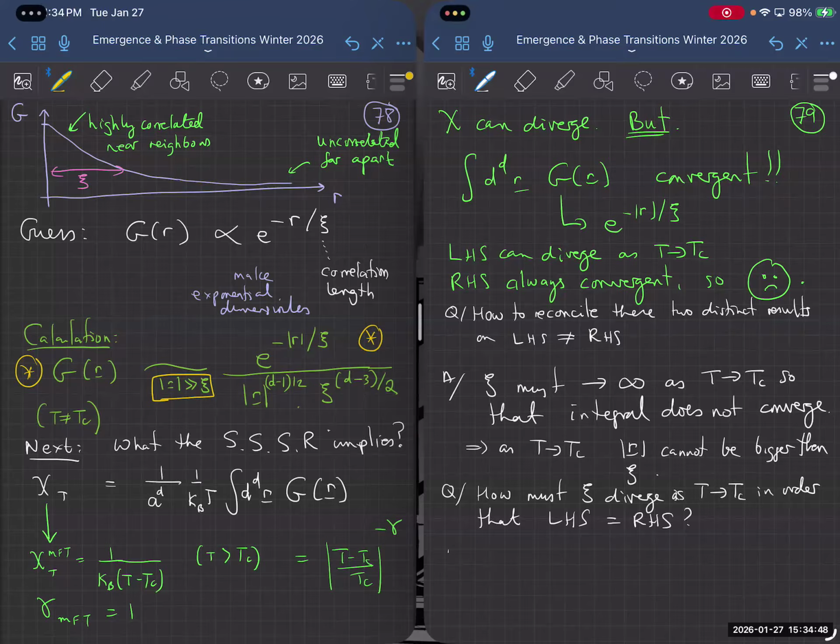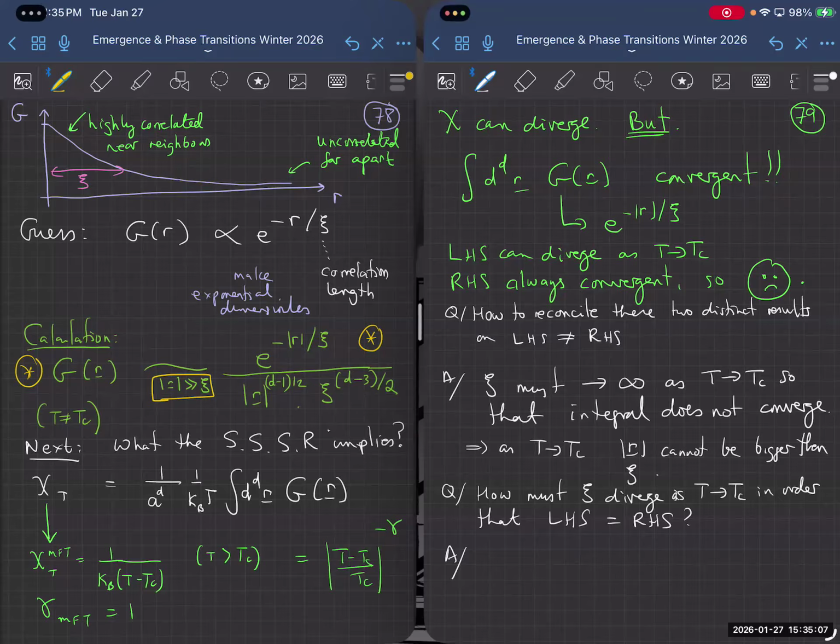We can work this out by reverse engineering. We know the left-hand side diverges as 1 over t minus tc, at least in mean field theory. So we can ask what dependence of the divergence of the correlation length as t goes to tc will make the left-hand side equal the right-hand side.